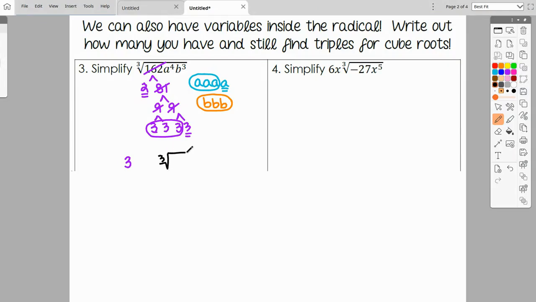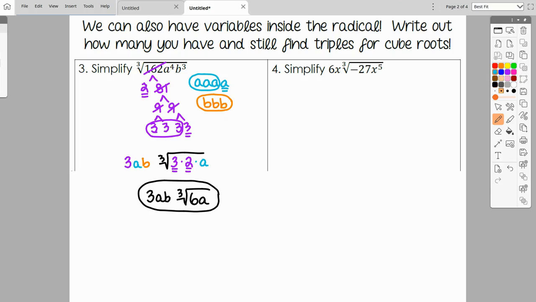I'll make sure I write my cube roots so I know it goes inside and outside. The triple a's go outside, and the triple b's. Left inside is the 3 times the 2, as well as times a lonely a that could not be tripled up. Final answer when we simplify this is 3ab, cube root of 6a.